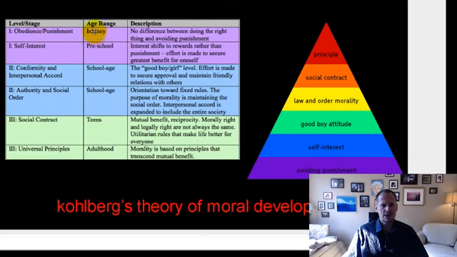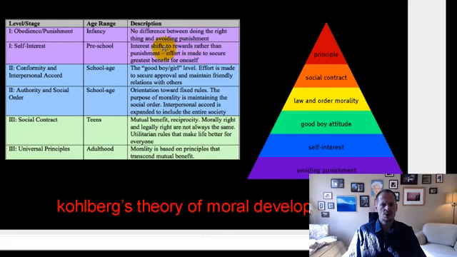Obedience and punishment. What's interesting here is that it shows moral development as we go through life and mature: infants, preschool, school age, teens, adulthood. According to this slide, you should move through these stages. At first there's no difference between doing the right thing and the wrong thing; you just do whatever avoids punishment.